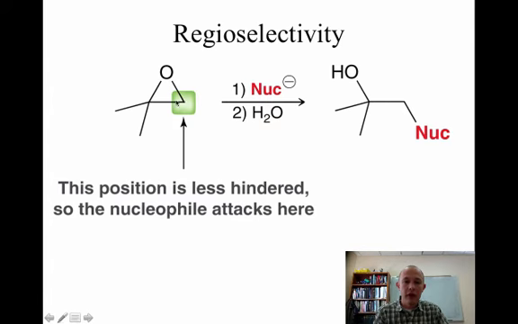So each one of those nucleophiles in this particular case is going to attack the less hindered carbon. This is called regioselectivity, when you have two different carbons that could get attacked, which would give different products. So the nucleophile in these kinds of reactions is always going to go to the less hindered carbon.